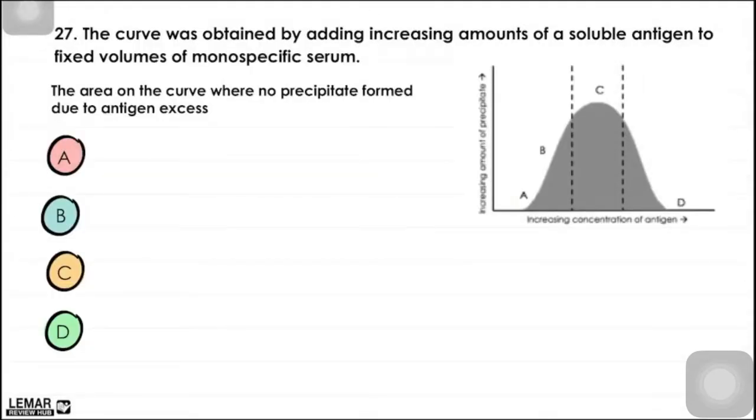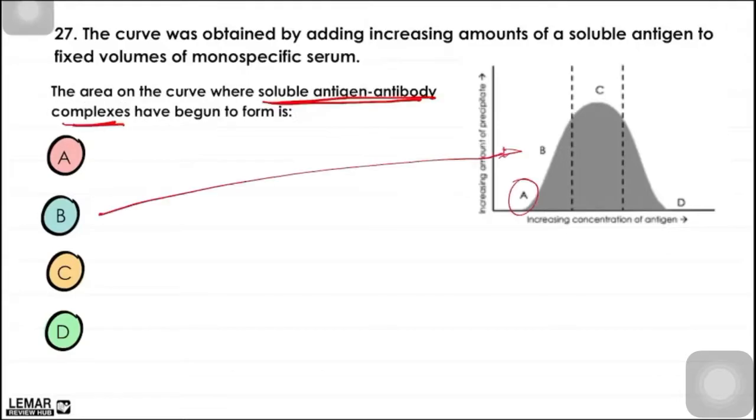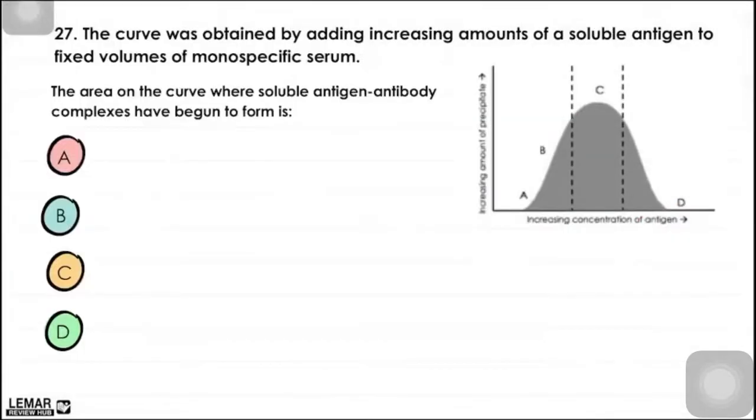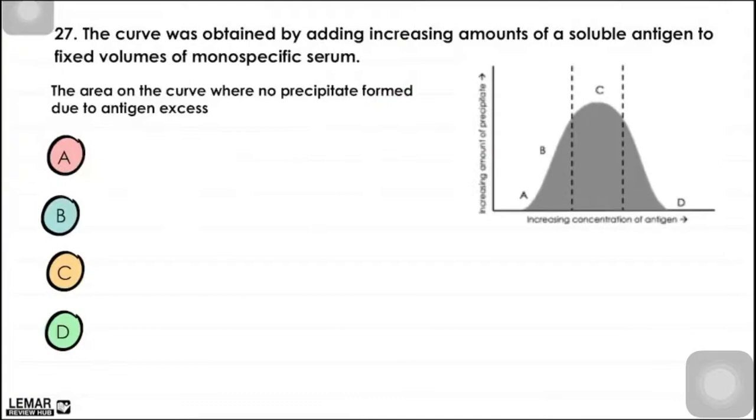This is number 28. The curve was obtained by adding increasing amounts of a soluble antigen to fixed volumes of monospecific serum.